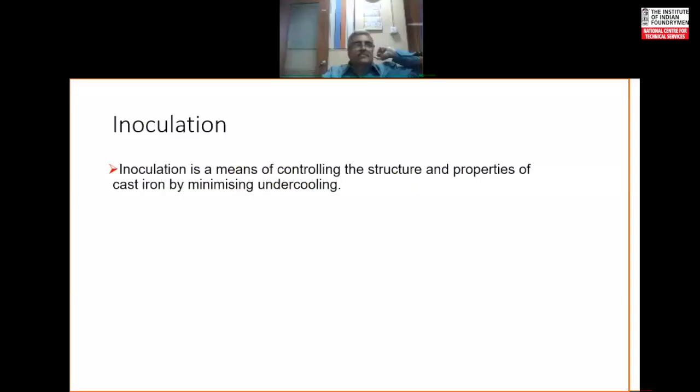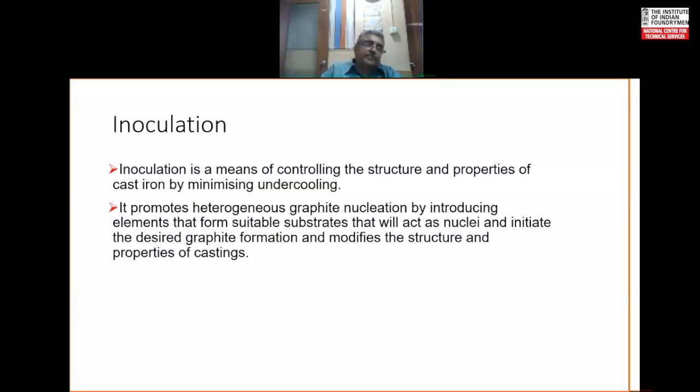See, inoculation is a means of controlling the structure and properties of cast iron by minimizing what we call undercooling. It promotes heterogeneous graphite nucleation by introducing elements that form suitable substrates that will act as nuclei and initiate the desired graphite formation, and it modifies the structure and properties of the casting.